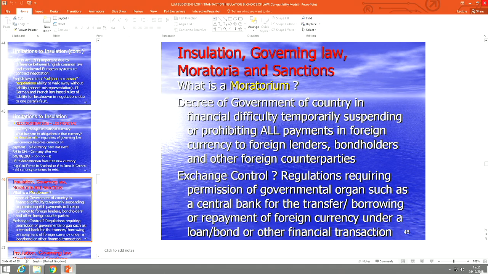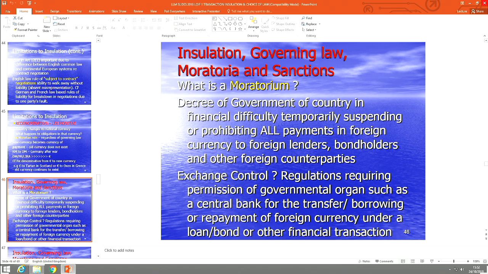Consequently, when we do syndicated loans or bonds, you will see that there is a specific clause in every agreement saying if exchange control permission is required, you will obtain that exchange control permission before you enter this transaction, and you will supply proof of the giving or the obtaining of exchange control permission from the central bank. Easily handled. They don't get it, they don't get the loan, they can't do the bond issue. It can be dealt with quite easily.